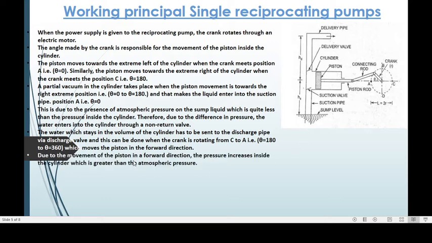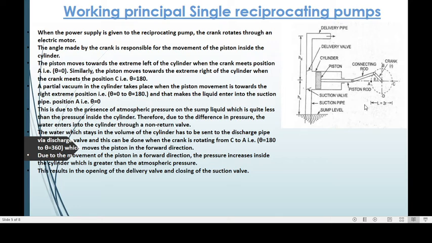Due to the piston movement in the forward direction, the pressure increases, and the cylinder has a greater pressure than the atmospheric pressure.